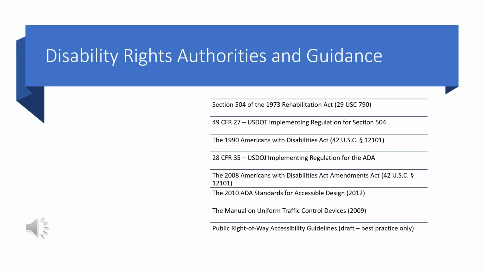The disability rights, authorities, and guidance that we'll be looking at in today's training include Section 504 of the Rehabilitation Act, 49 CFR 27, which is the US DOT implementing regulation for Section 504, the 1990 Americans with Disabilities Act, 28 CFR 35, which is the US Department of Justice implementing regulation for the ADA, the 2008 Americans with Disabilities Act amendments, the 2010 ADA standards for accessible design, the manual on uniform traffic control devices, and finally, the public right-of-way accessibility guidelines.